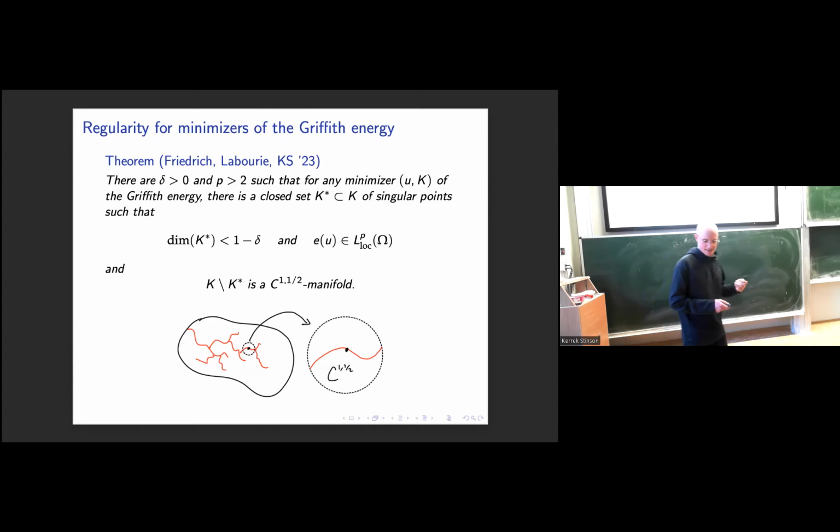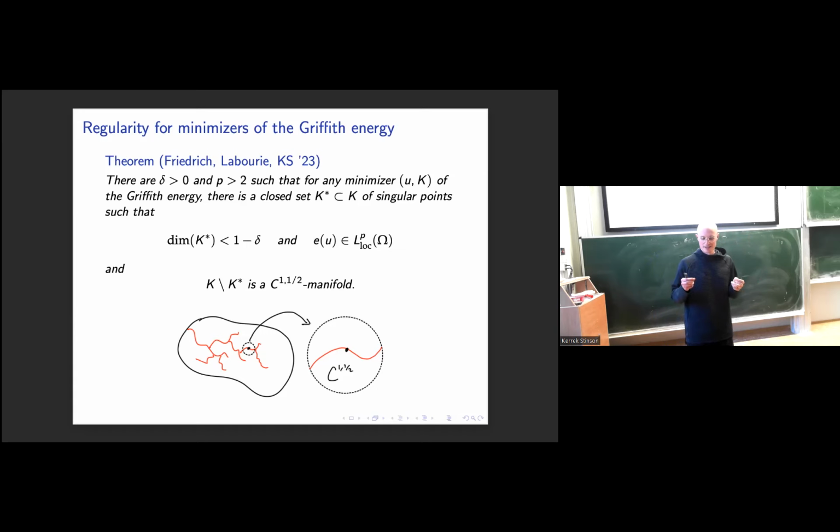And what this says is that there's a parameter delta, which is strictly greater than 0, such that for any minimizer of the Griffith energy, you can find a singular set of points contained in the crack, denoted by the K star up here. And the dimension of this singular set of points is strictly less than the length measure.